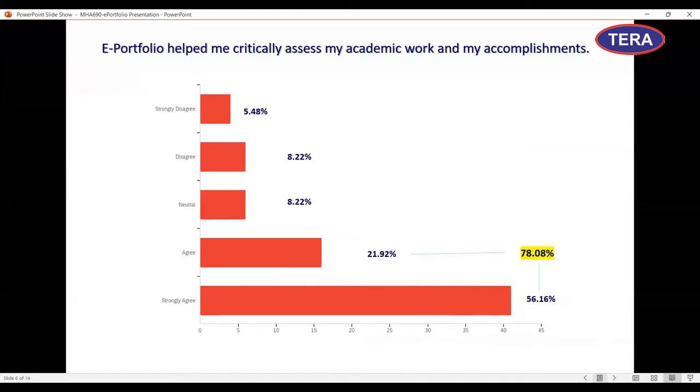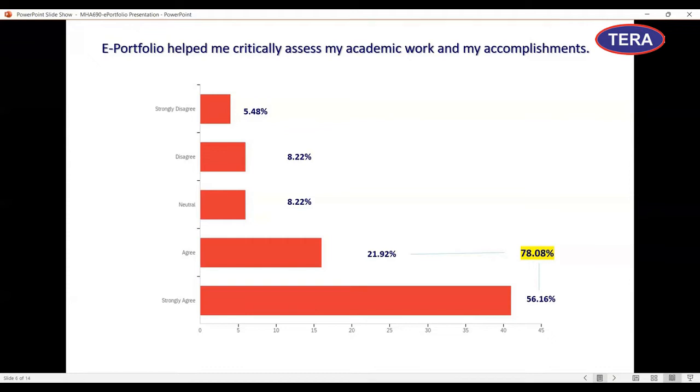We send out a student survey to students via email at the end of each class to gather students' feedback and learning experience. Based upon the data collected, over three-fourths of surveyed students reported e-portfolio helped them critically assess their academic work and accomplishment.